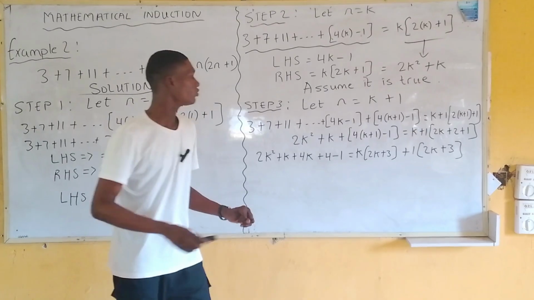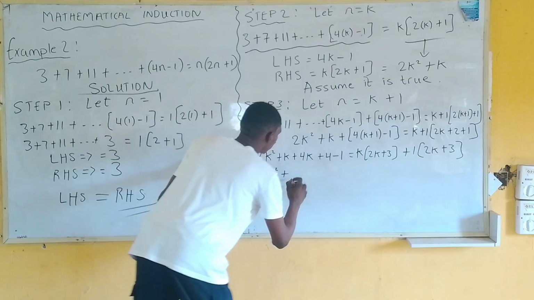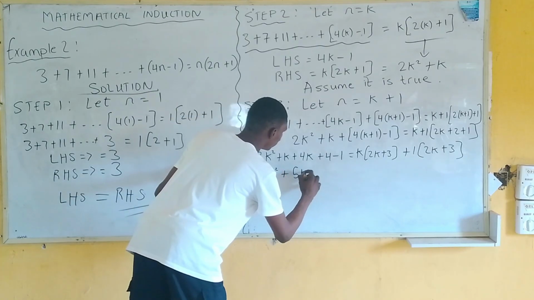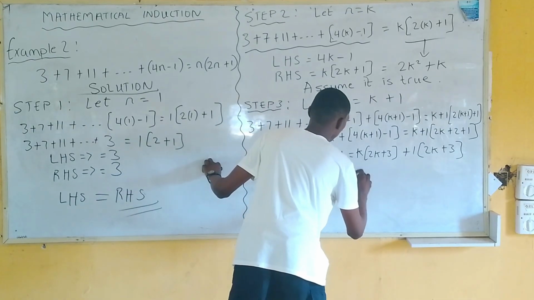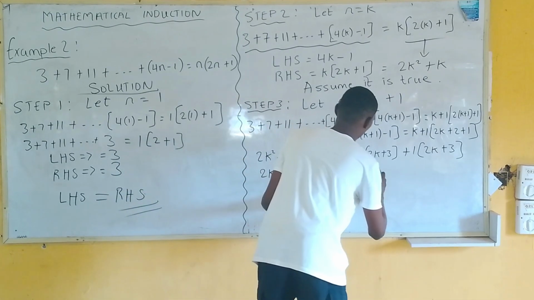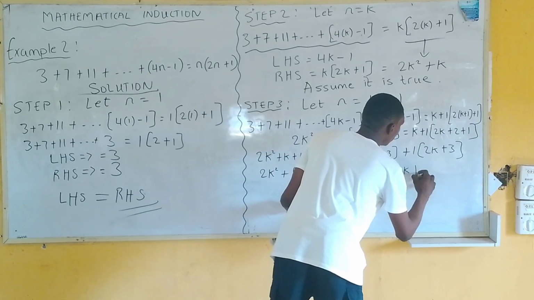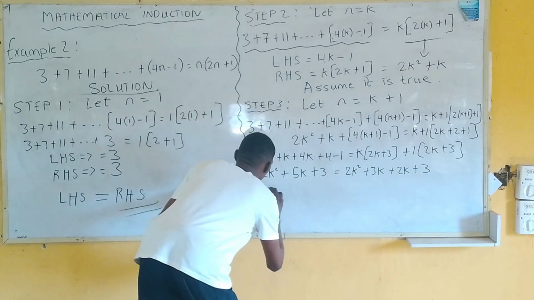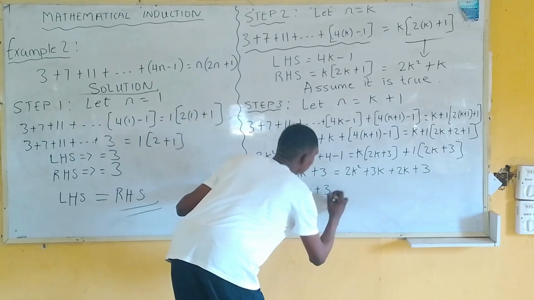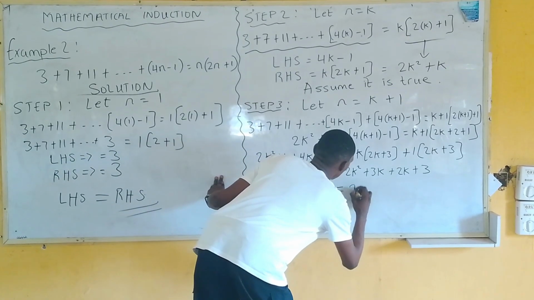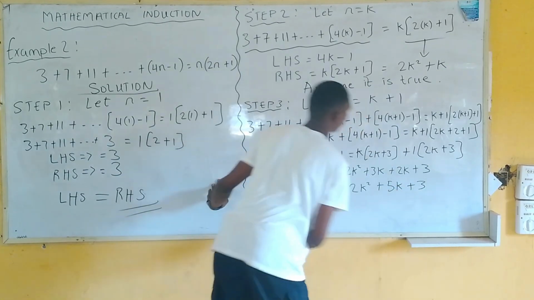Alright, so now let's move. We have 2k square plus 5k plus 3 is equal to k times this, which is 2k square plus 3k plus 2k plus 3. We have 2k square plus 5k plus 3 is equal to 2k square plus 5k plus 3. So what do we have next?